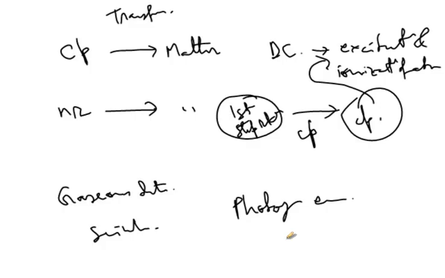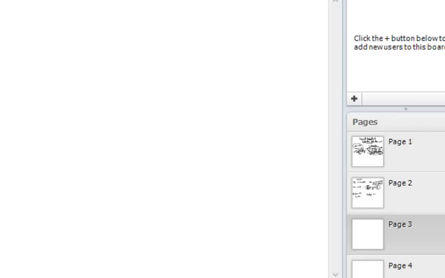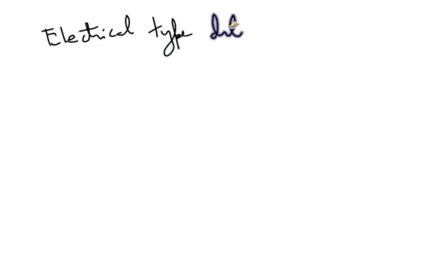So, in a broad sense, you can say there are two types of detectors. One is of electrical type and another is of optical type. Now, in this course, at this moment, we will be mostly talking about the electrical type of detectors. What are these detectors?